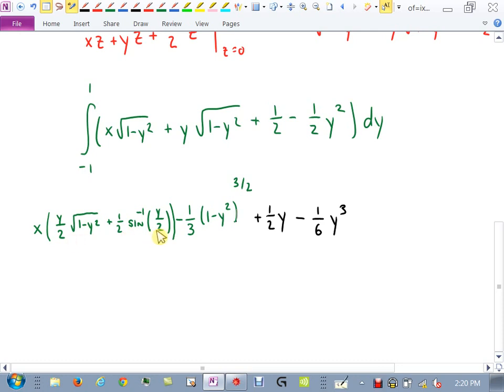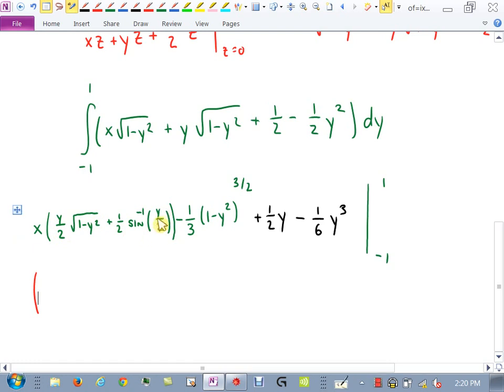Now we're evaluating all of this from -1 to 1. So let's try plugging in, like I said, I didn't finish this off. Let's see if we can get the answer that we're looking for here. If I plug in 1, what happens? If 1 goes right in here, I get 0, so this term's gone.